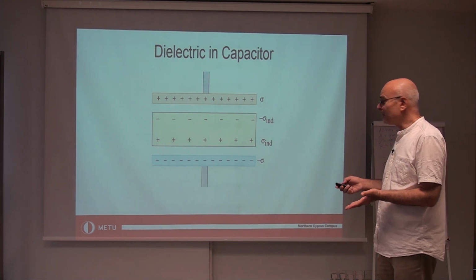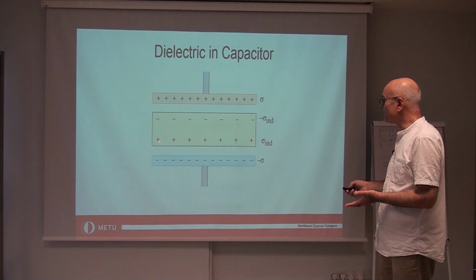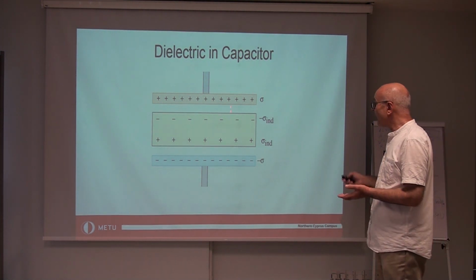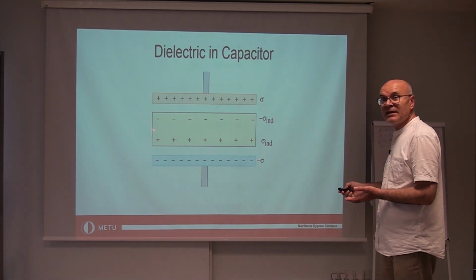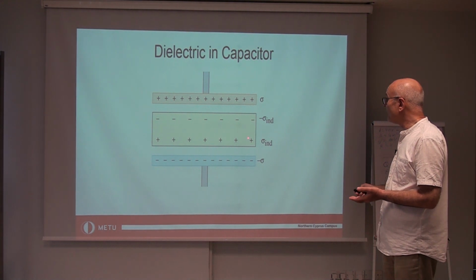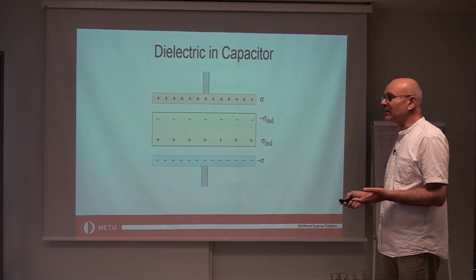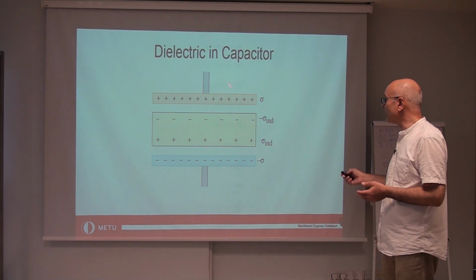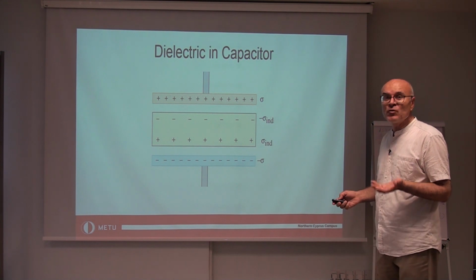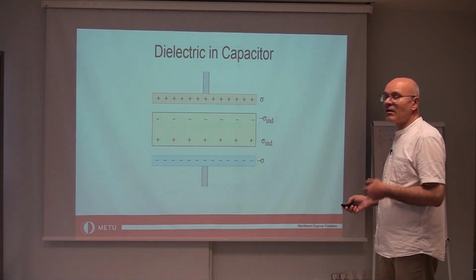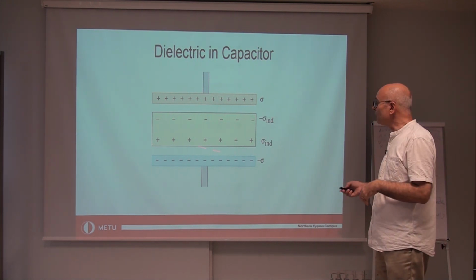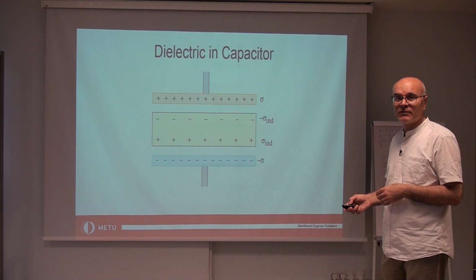This will act like two planes of charge, one positive, the other negative, and these will produce an electric field in this slab that is against the original electric field. Not equal, of course, it's weaker than the original electric field, but it will be against it. This is called the induced electric field. These charge densities are called the induced charge densities because they are induced only when you put this slab in this electric field.